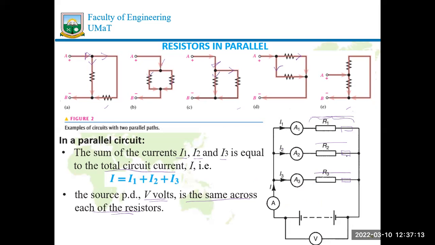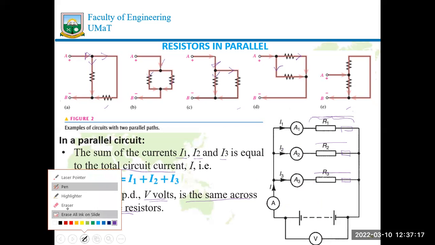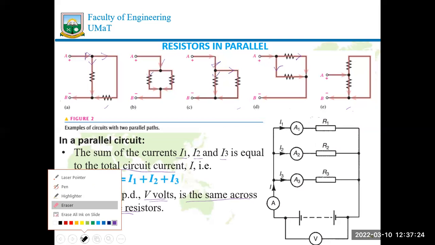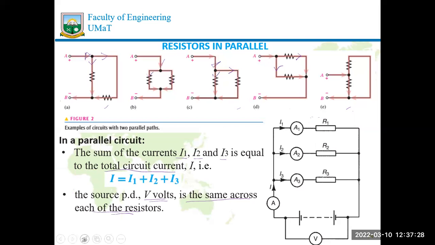All right, so an experiment was done with this. What the experiment shows is quite simple. It shows that we have a supply source, a DC supply source.